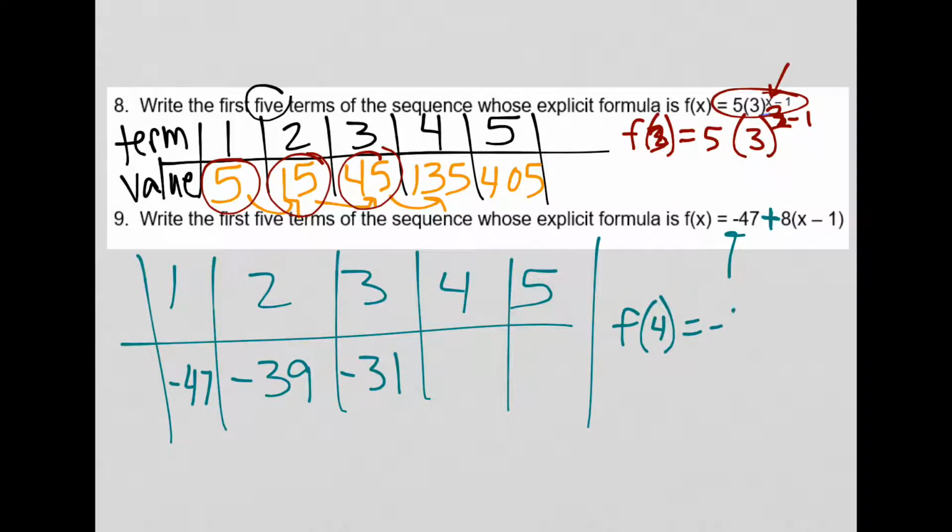Our fourth term would be negative 47 plus 8 times 4 minus 1, which is 3. 8 times 3 is 24. Negative 47 plus 24 is negative 23. It works. Okay, so that's how you're going to do those.